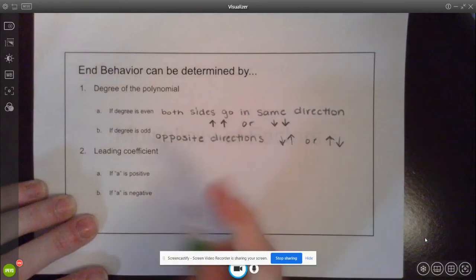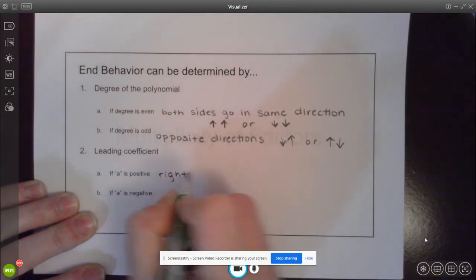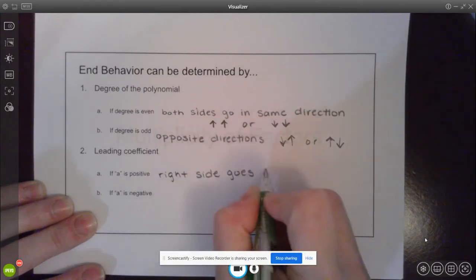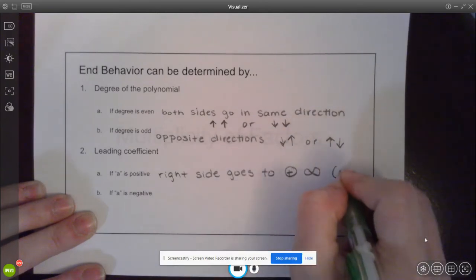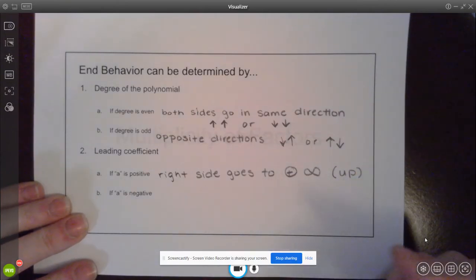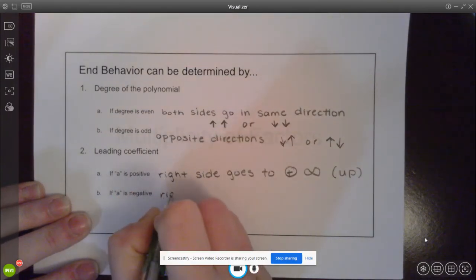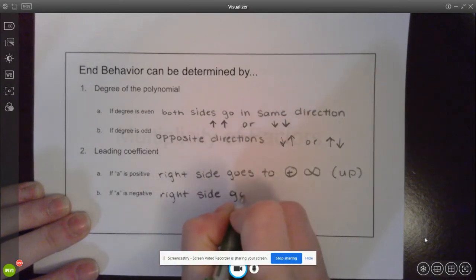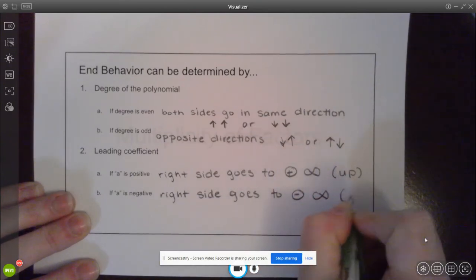So if A is positive, the right side goes to positive infinity, which means up. Vice versa, if A is negative, remember that gets reflected, so the right side goes to negative infinity, which is down.